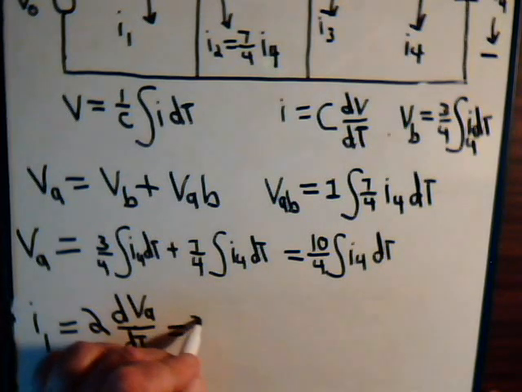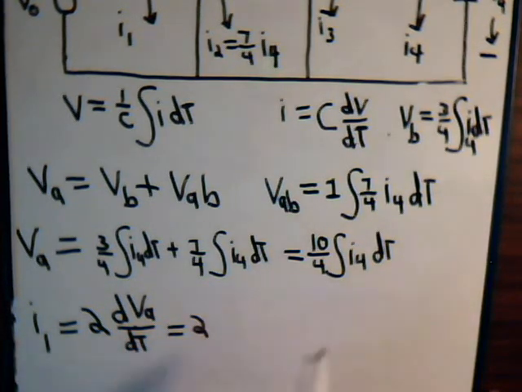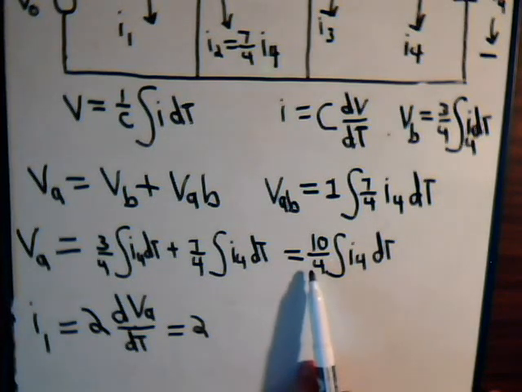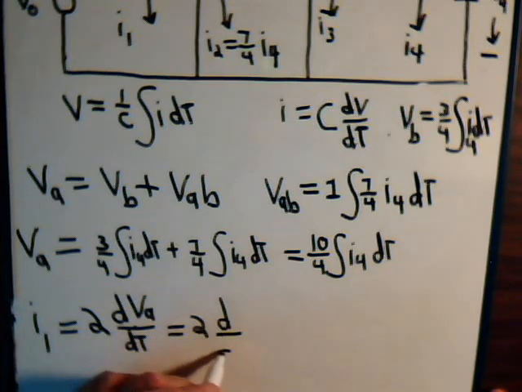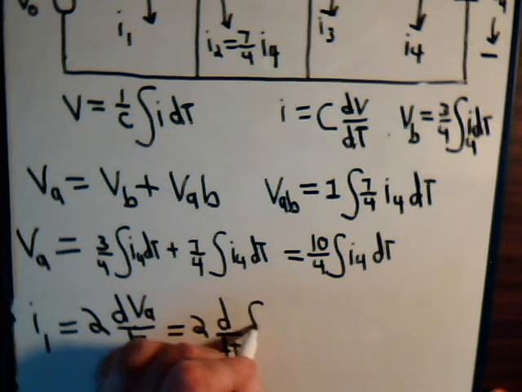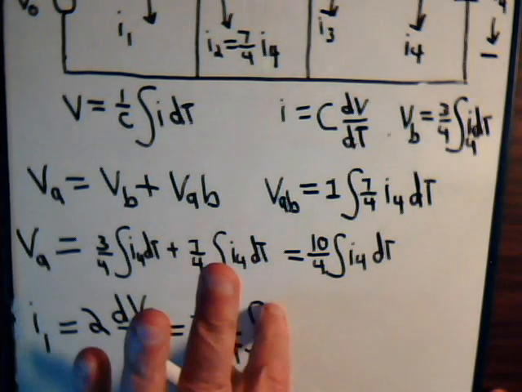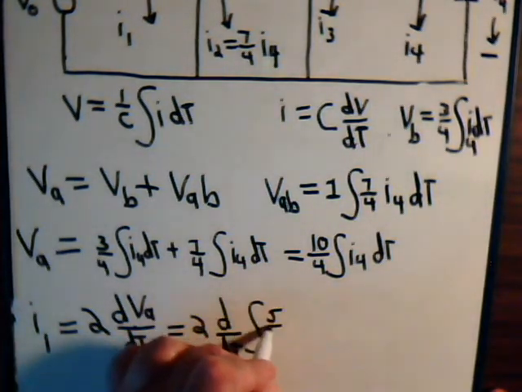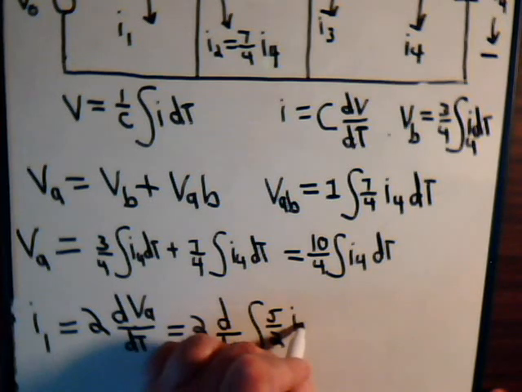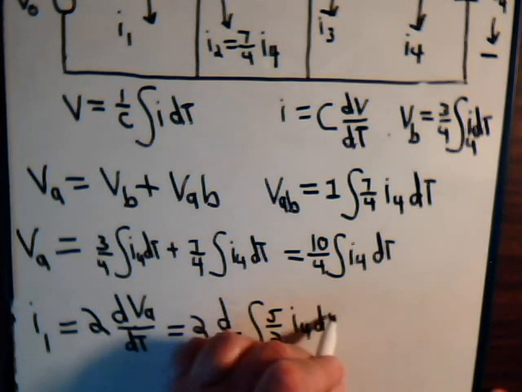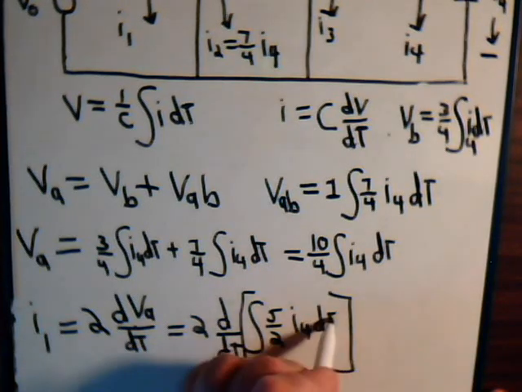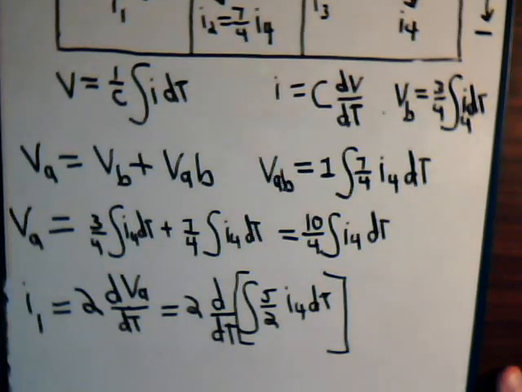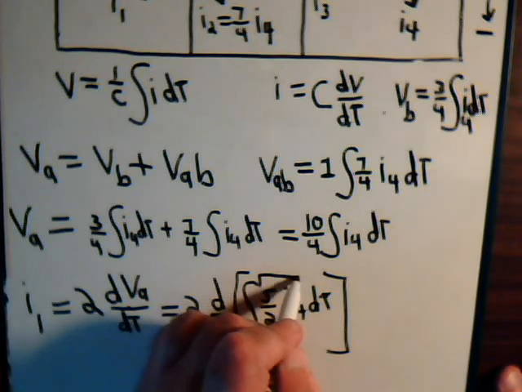Or that equals 2. And then we're going to be taking again the derivative of this integral. d dt, the integral of 10/4 or 5/2 I4 dt. And again, when you take the derivative of an integral, it just gives you what's inside the integral, this.